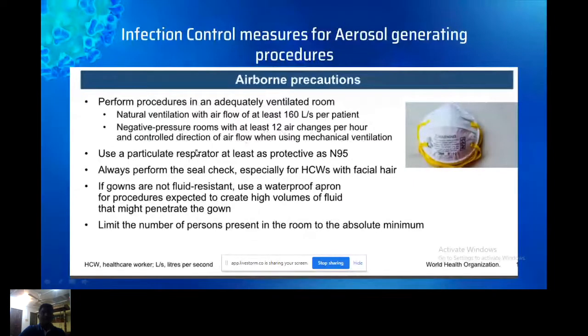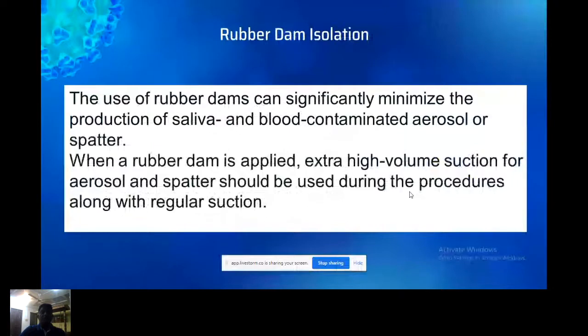N95 mask, we talked about these. And rubber dam isolation, as we talked about, can significantly minimize saliva and blood contaminated aerosols. When rubber dam is applied, along with extra high vacuum suction, this will definitely reduce the generation of aerosol.